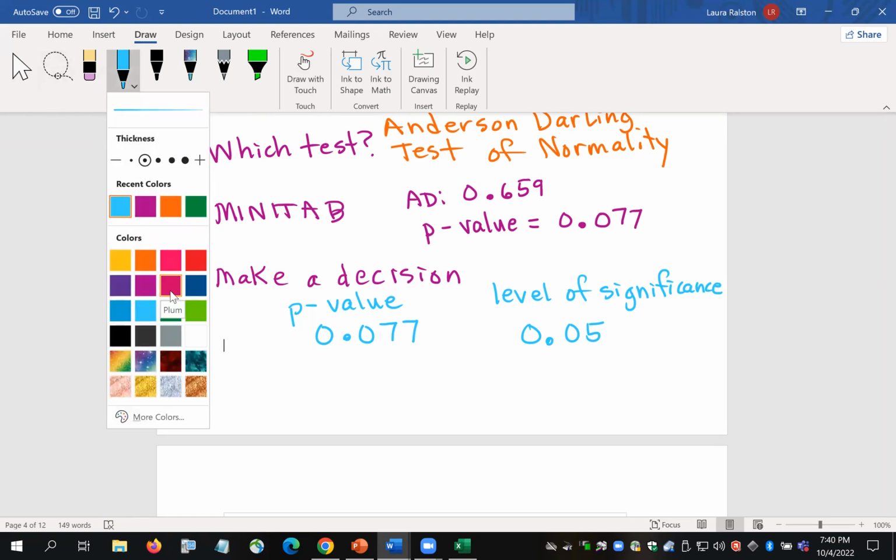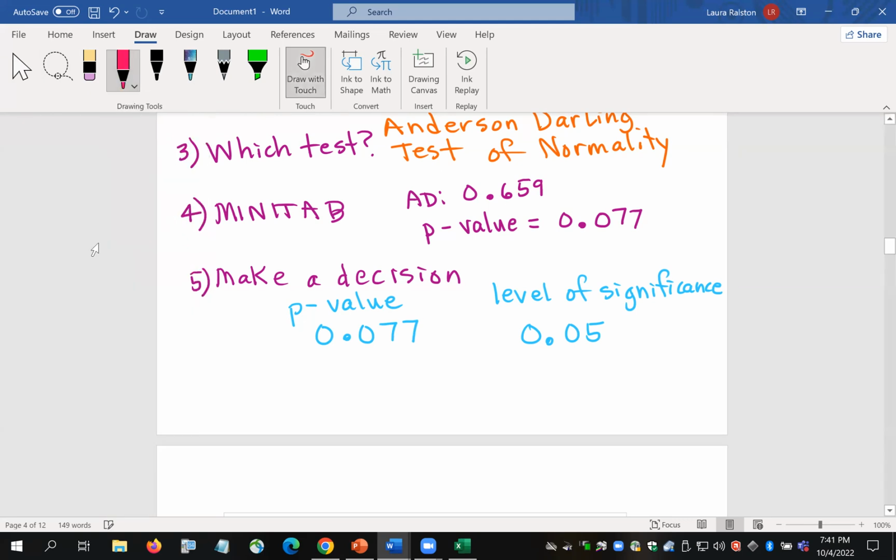Again, the best way to do this, guys, is to compare it digit for digit. The first digit after the decimal, 0 compared to 0, they're the same. Second digit, I have 7 for the p-value and 5 for the level of significance.